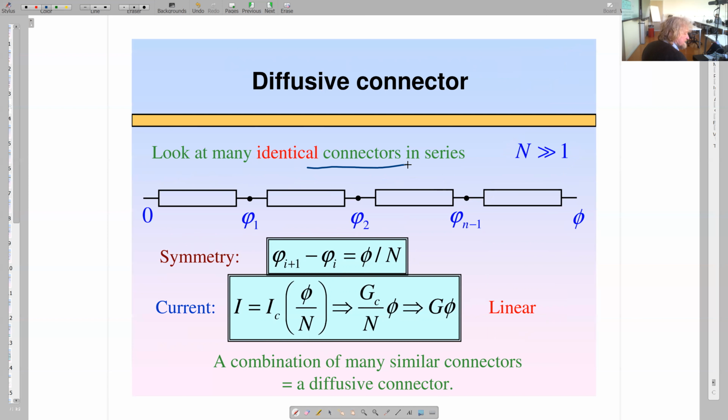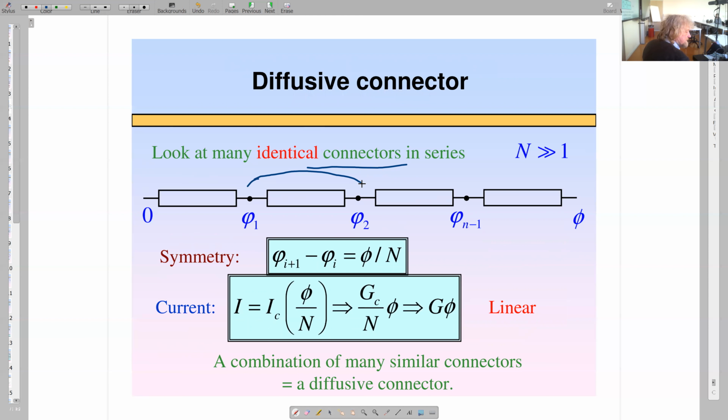If all connectors are identical, they are equal, and the drop of voltage or phase across each connector is the same. We can express it.